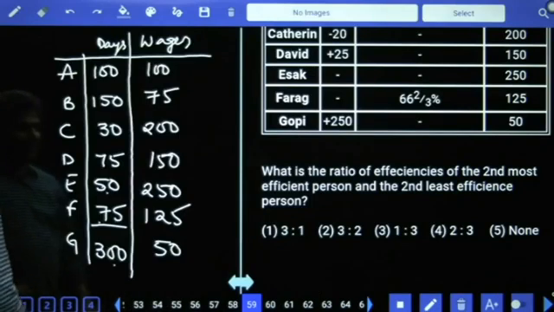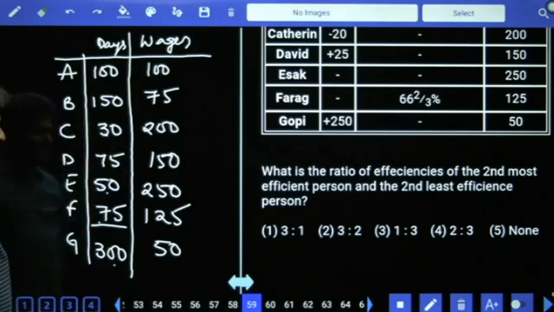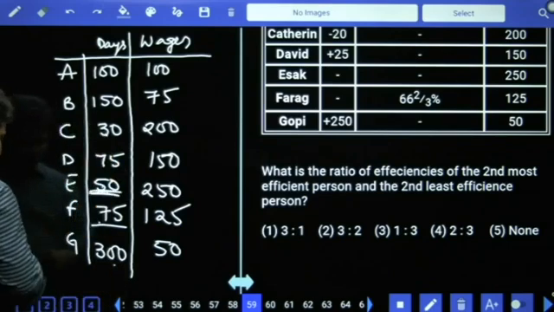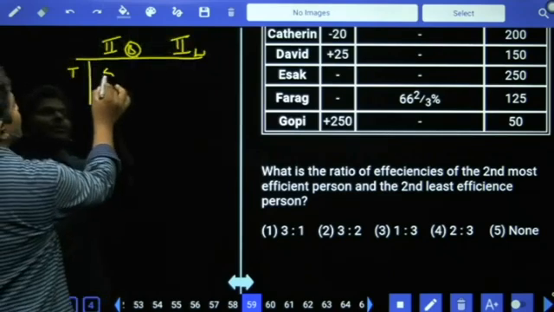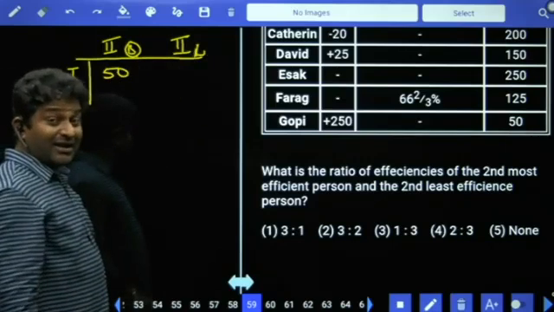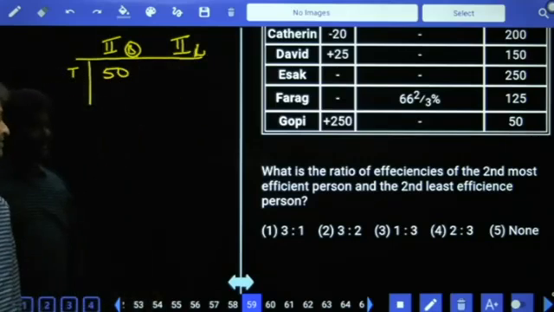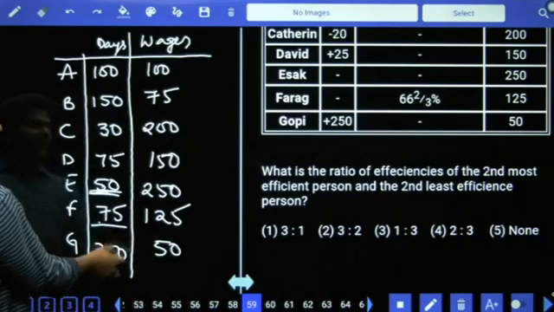So here, out of all of them, 30 days is the least number, and after 30, the next least time taken is 50. Second least efficient is the one who is taking more days, that is 300. Apart from 300, what next is the best?